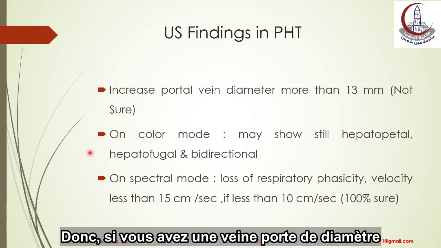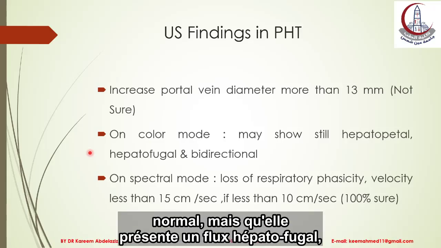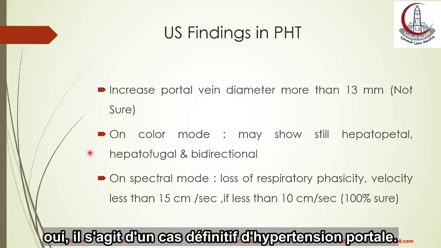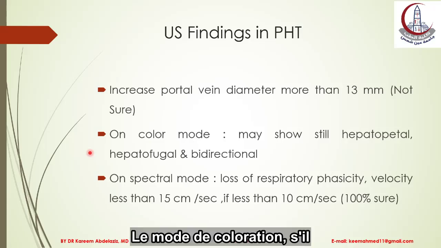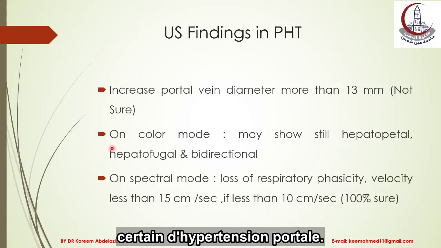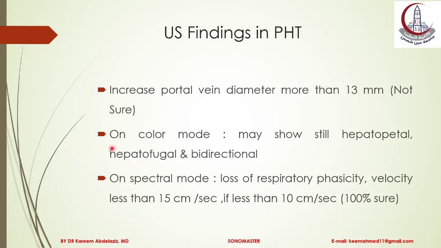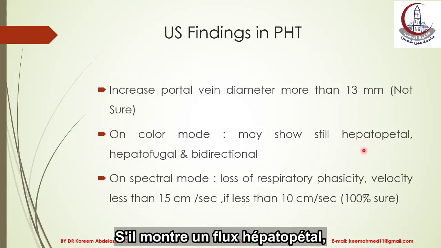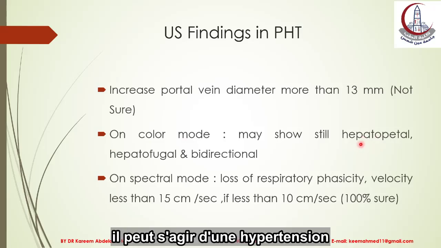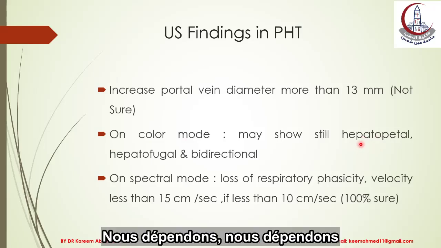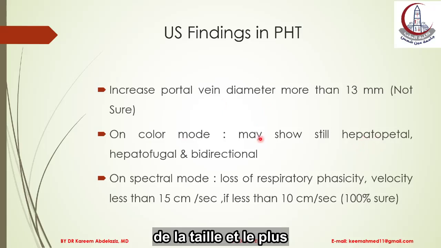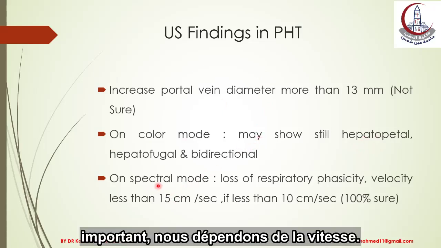So if you have a portal vein with normal diameter but showing hepatofugal flow, yes, this is a definitive portal hypertension case. So on color mode, if it's hepatofugal, this is a sure sign for you to write it as portal hypertension. If it shows hepatopetal flow, it may be portal hypertension, or not, or normal. We will depend on the size, and the most important one, we will depend on velocity.